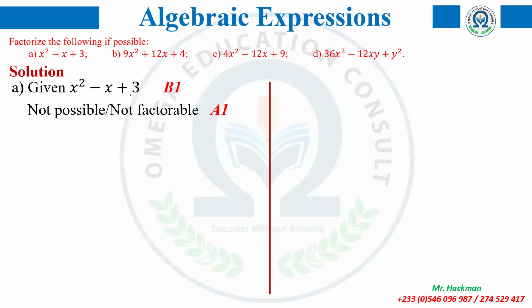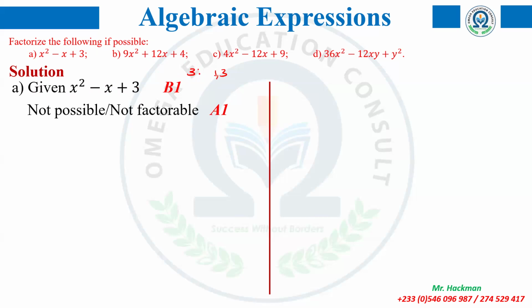We are looking at the number 3, so we look for factors of 3: 3 and 1, or 1 and 3. These are the two possible factor pairs of 3. But you are looking for factors which, when you multiply, you get 3, but when you add, you get -1. So your factor pair must satisfy two conditions: the product should give you 3, and the sum should give you -1, the coefficient of your x.